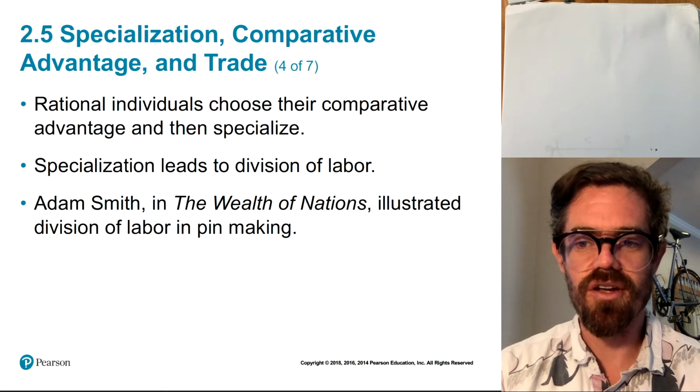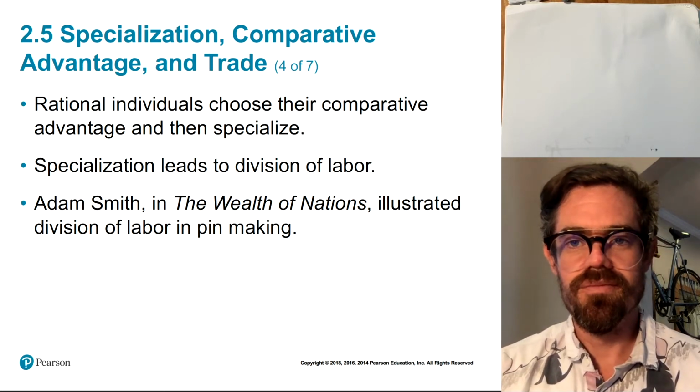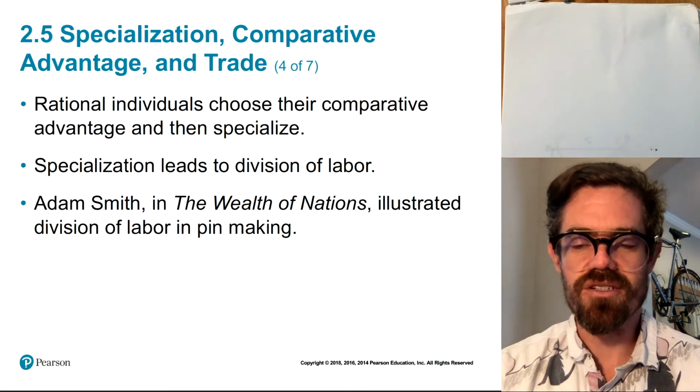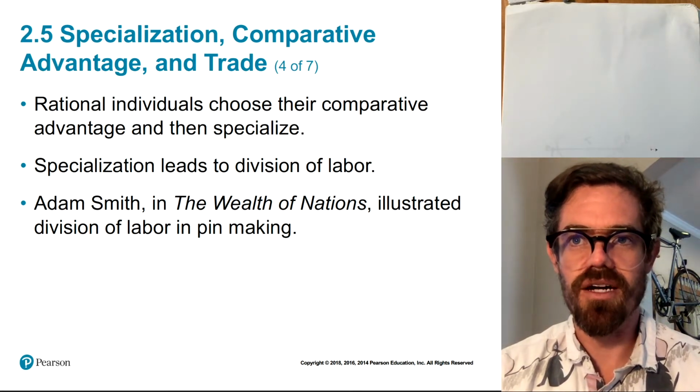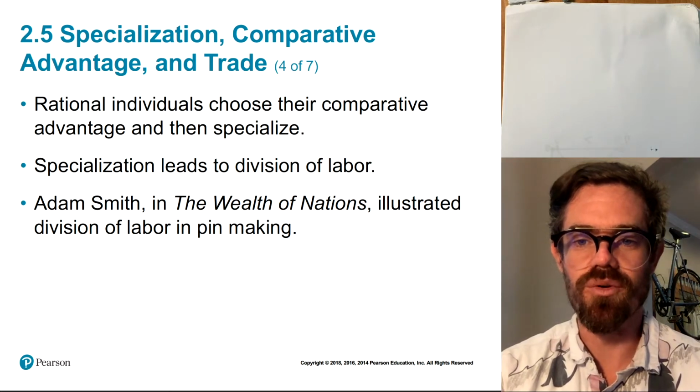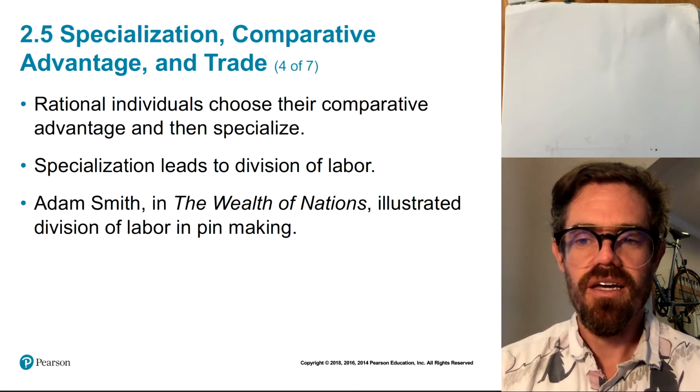My opportunity cost is very low compared to most other people, and so that's why I choose to specialize in teaching economics. Now, what specialization leads to is basically what's called a division of labor, right? People specialize and divide up labor according to what they're best at in terms of comparative advantage, right?